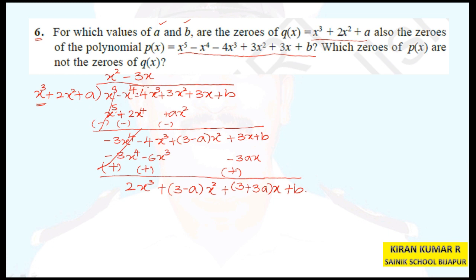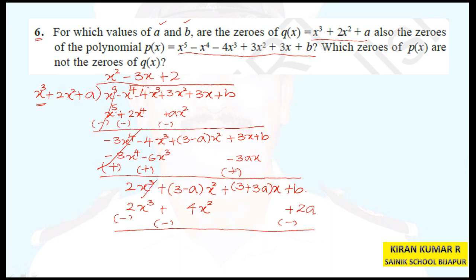Now what should we multiply? Plus 2. When multiplied by 2, we will be getting 2x cube plus 4 times x square. There is no x term, so below plus b, I will write the product of 2 and a as plus 2a. Change their sign. Add them.